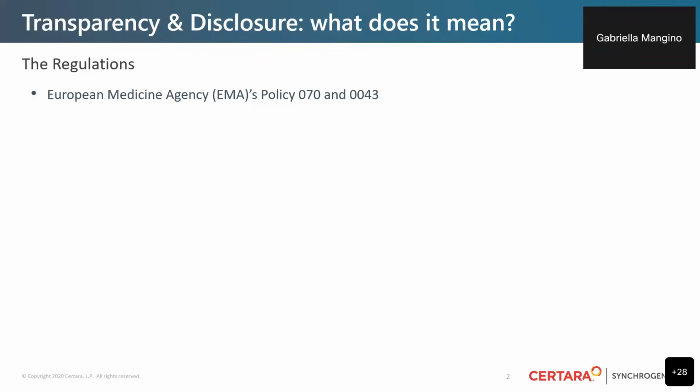And to go with this is Policy 43. Documents which companies had assumed were submitted on a confidential basis began to be made available by the EMA on application by any EU citizen, personnel or corporate. So we have these two regulations driving our T&D requirements from a European standpoint.